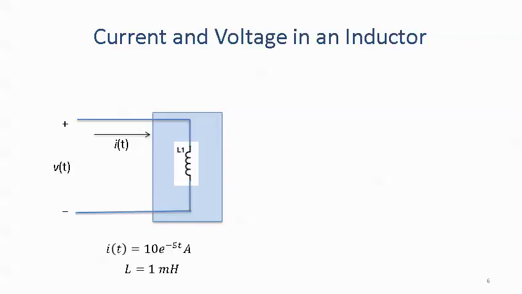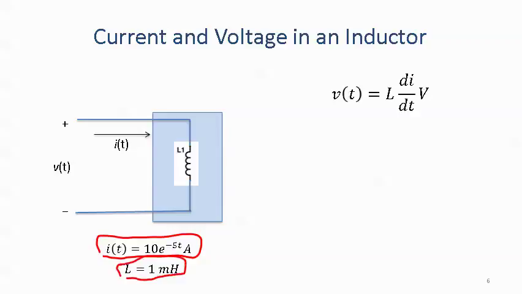So in our case, if we apply a current of 10 times e to the minus 5t, that's its waveform, and we use a 1 millihenry inductor, then what we'll see is that the voltage across the inductor, v of t, is equal to L, the inductance, times the derivative of the current with respect to time.